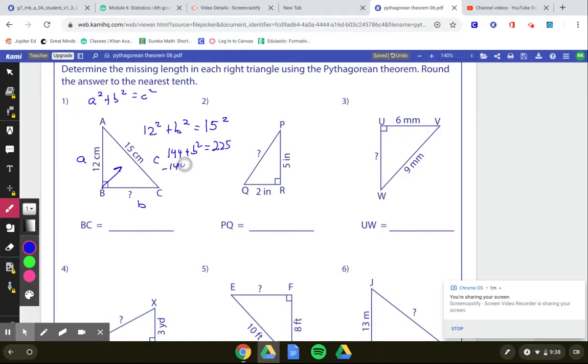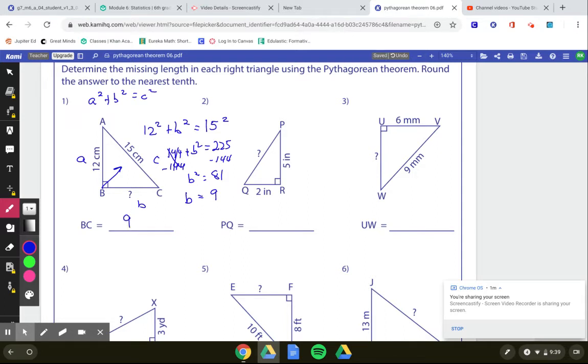Subtract 144 from both sides. Those cancel out, so we have b squared equals 81. Hopefully you can remember what number squared equals 81, and that tells us that b equals 9. If you don't know, you can use the calculator to calculate the square root of 81. So our length here is 9.